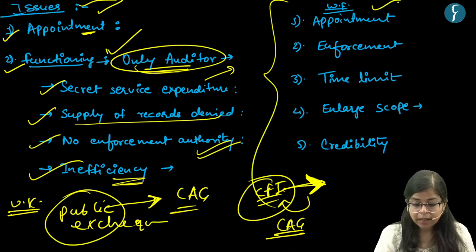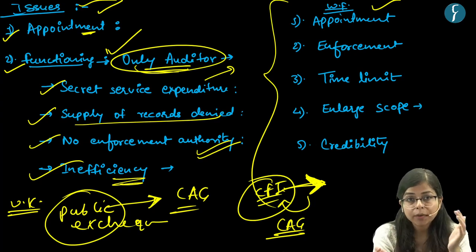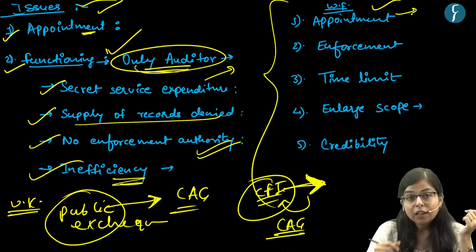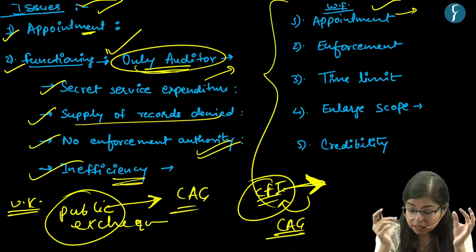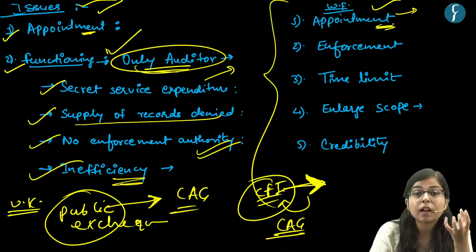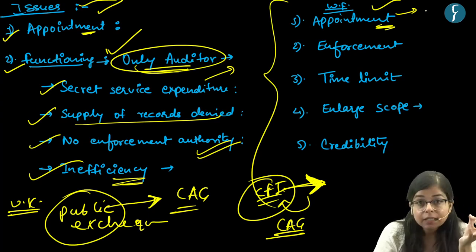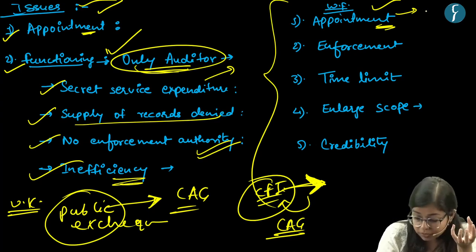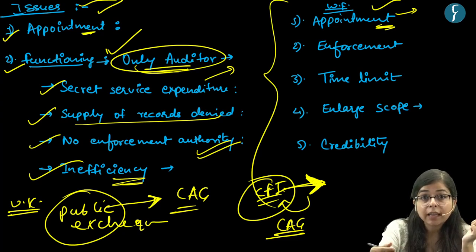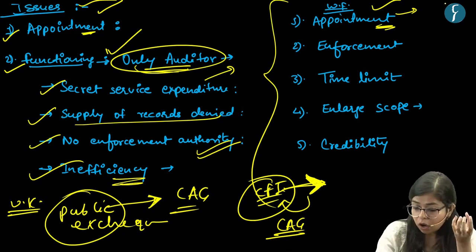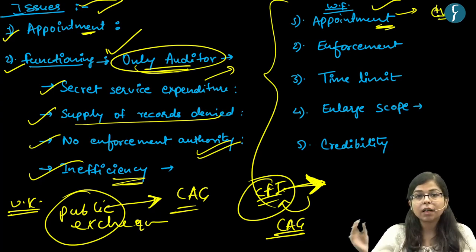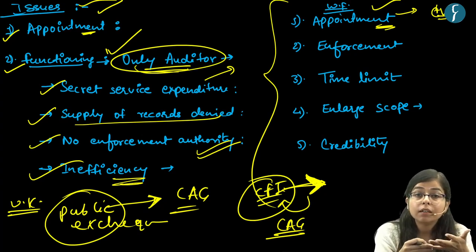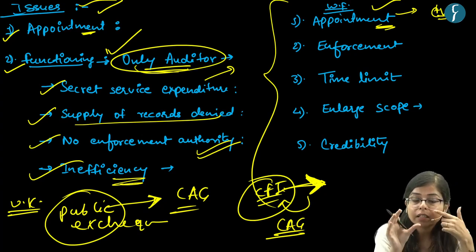The way forward is that first, we saw there is an issue in the appointment of CAG. So in order to maintain the credibility of the position of CAG, the appointment procedure should be transparent, right? And in that sense, certain best practices can be followed from various countries, or in the case of appointment of Lokpal or Central Vigilance Commission, we have seen that there is a committee of the Prime Minister, Leader of Opposition, Home Minister, and various other people.